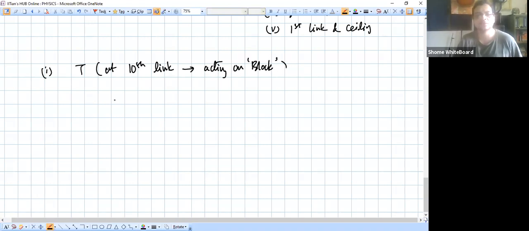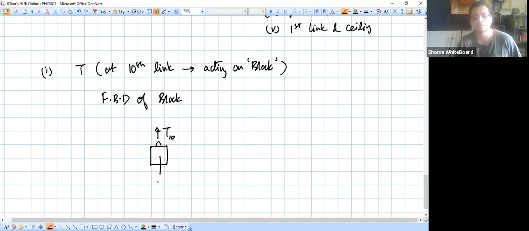So for that we will make a free body diagram of the block itself. What we'll understand is, this block is being pulled up with a tension, let us say that is T10, and that is balancing its weight, because its acceleration is 0.